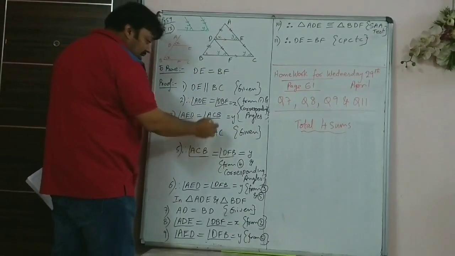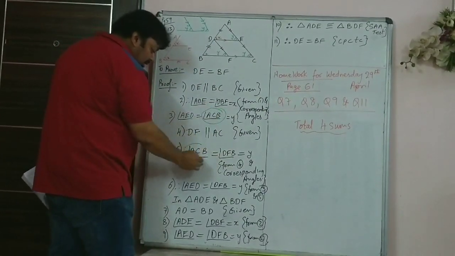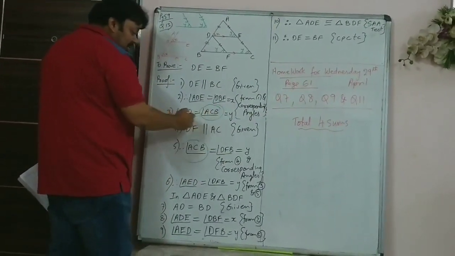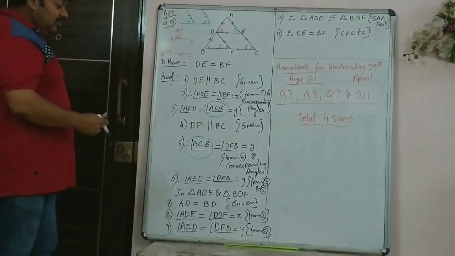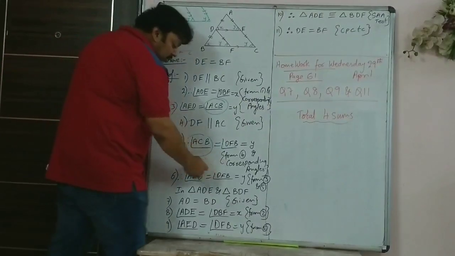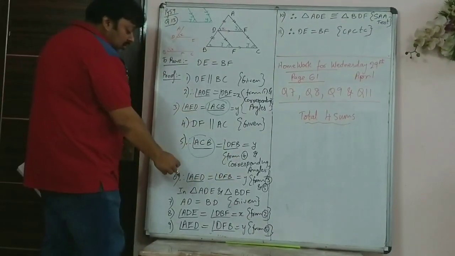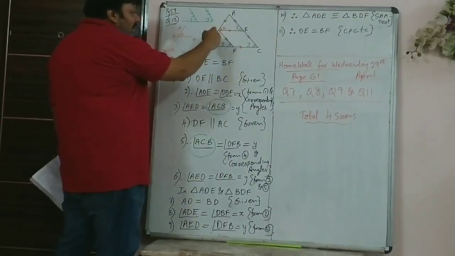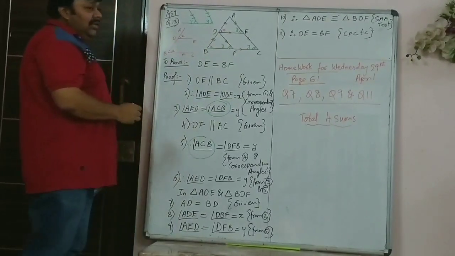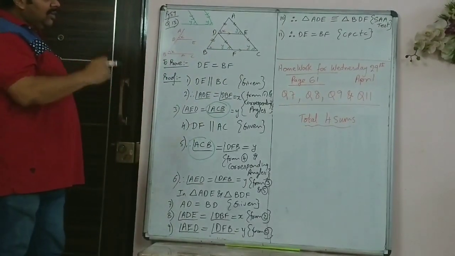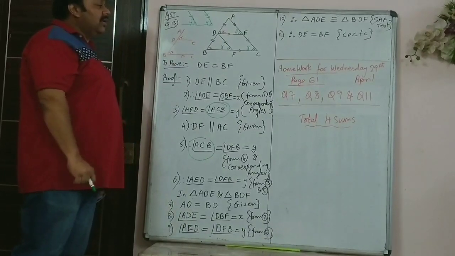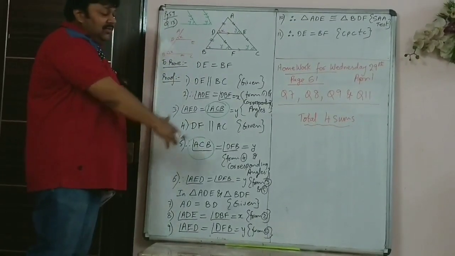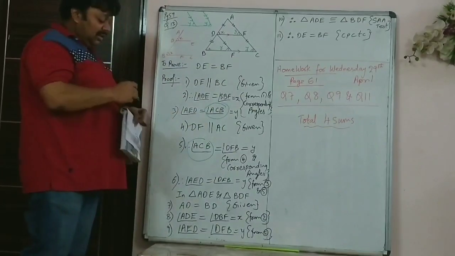Since ACB is common, both these are equal, therefore AED and DFB will be equal, both are y. So the two angles are equal. So you can say triangle ADE and triangle DBF are congruent by the SAA test. So DE is equal to BF. So you have to write the steps systematically and write all the reasons.